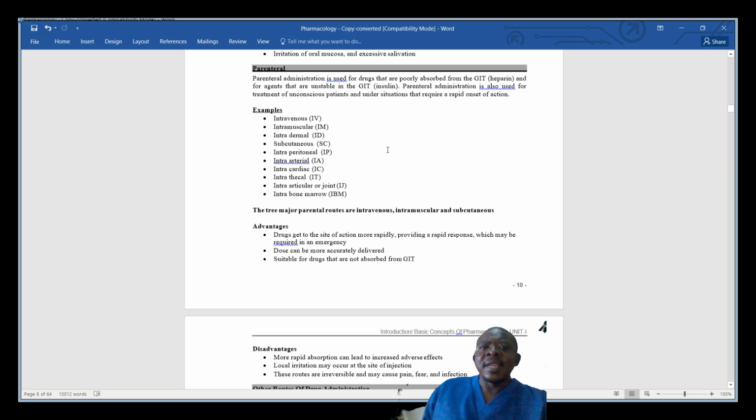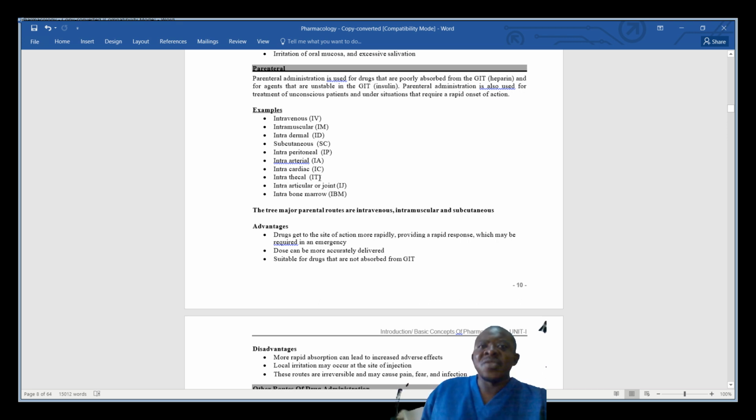Then intradermal, under the skin. Subcutaneous, under the skin. Intraperitoneal, from the peritoneum, drugs can be given. Intra-arterial, that is directly into the artery.